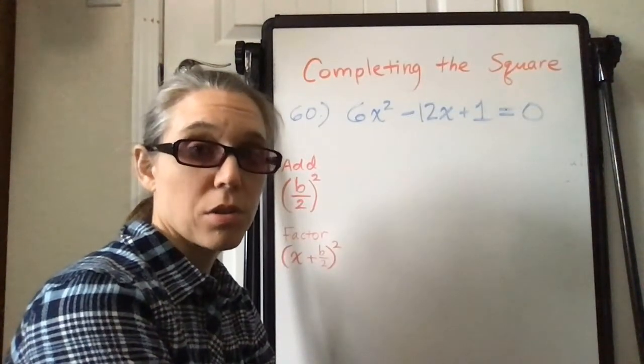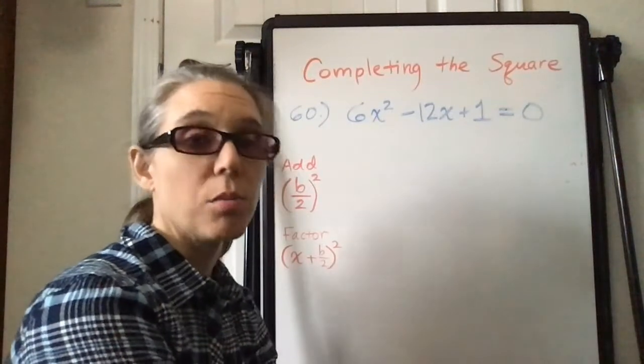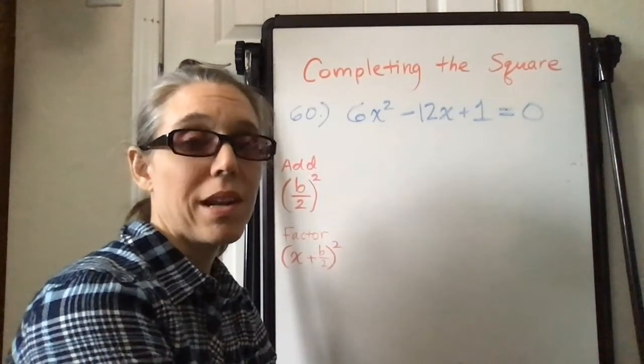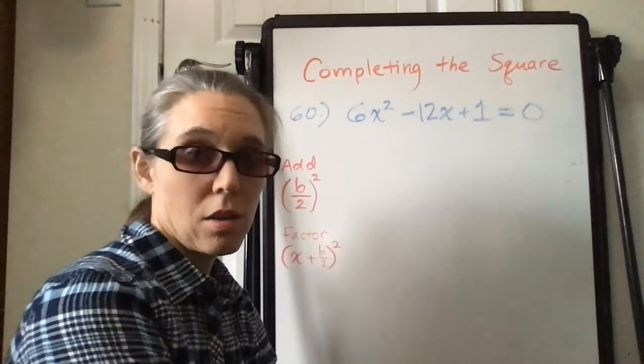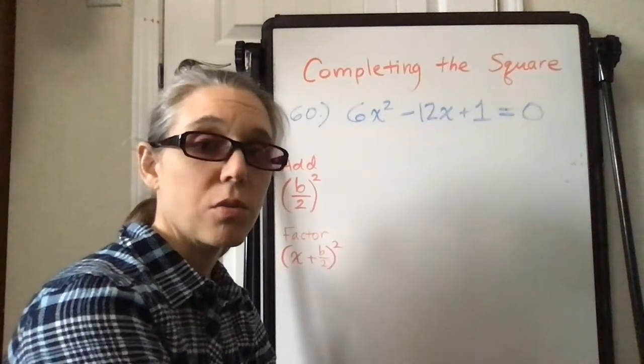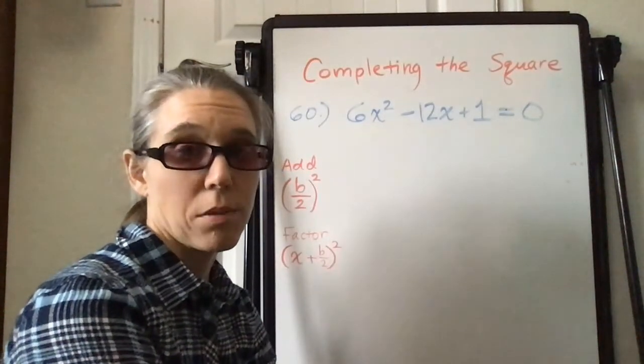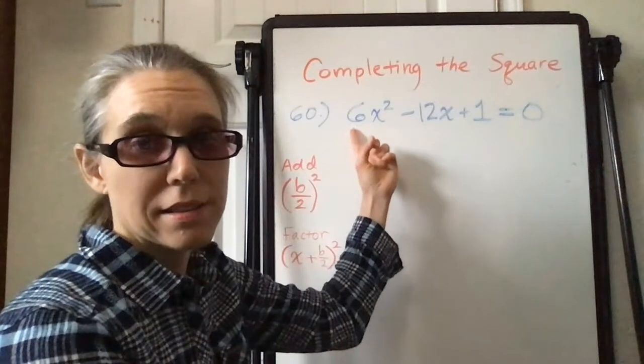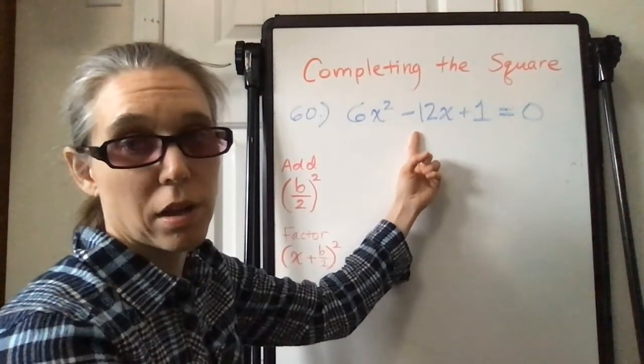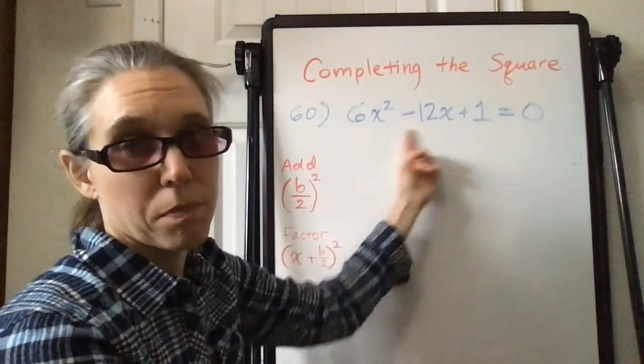So those are actually a pretty straightforward type of problem to do, but it gets a little trickier when A is not 1. When A is not 1, you need to force A to become 1 by dividing both sides by A. So identify here. A is 6, B is negative 12, and C is 1.